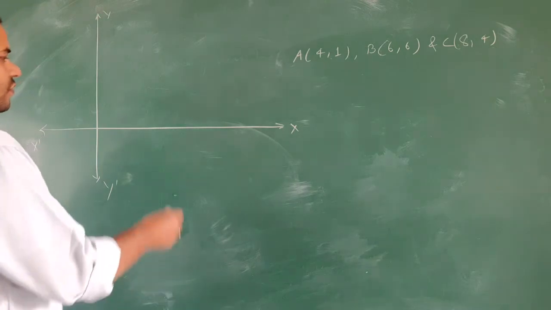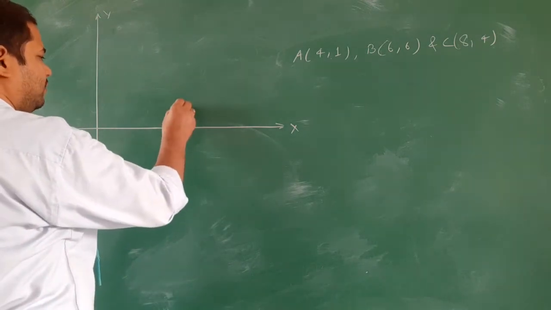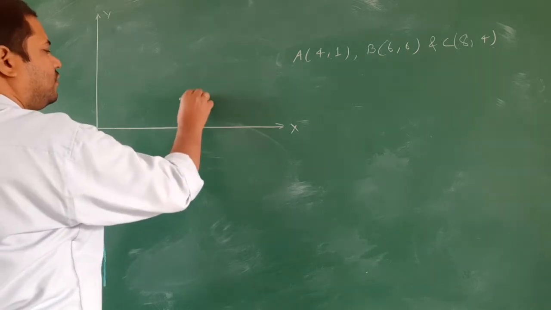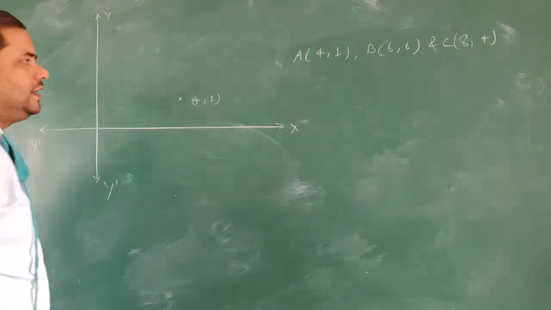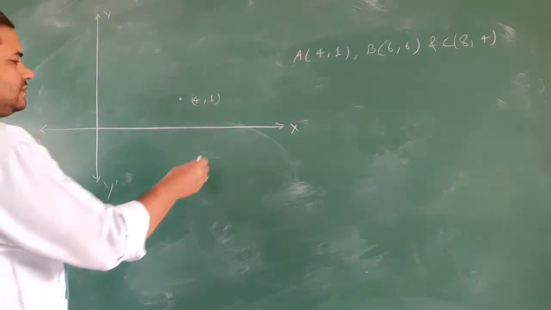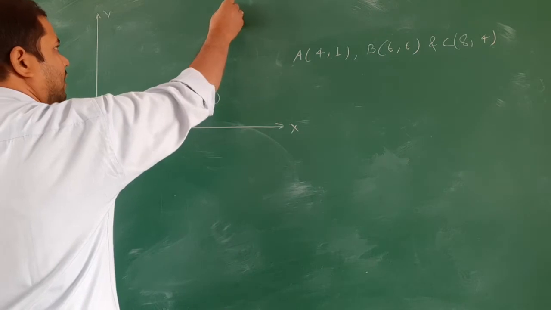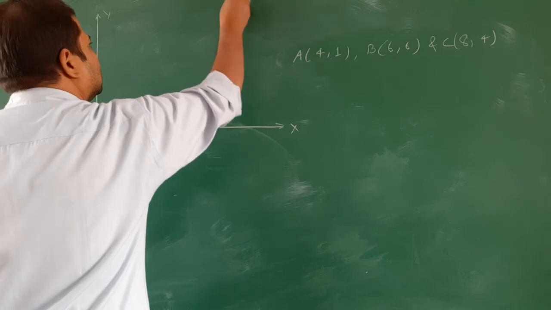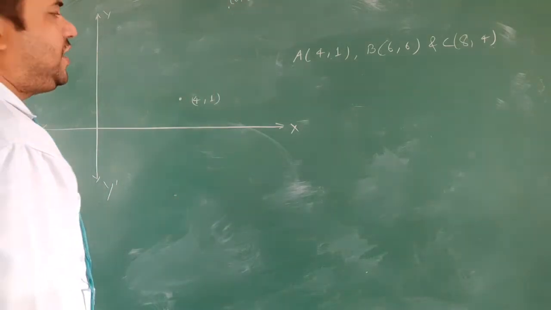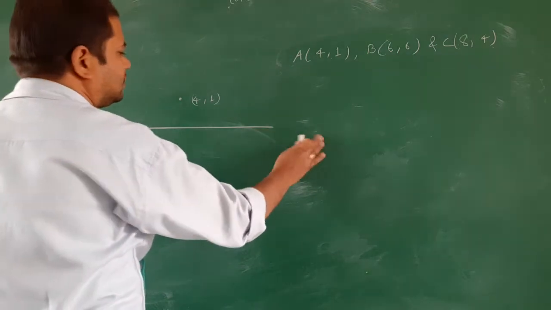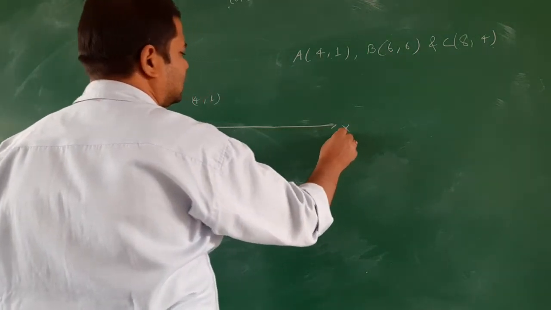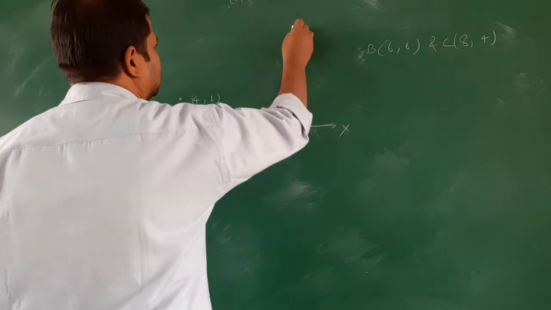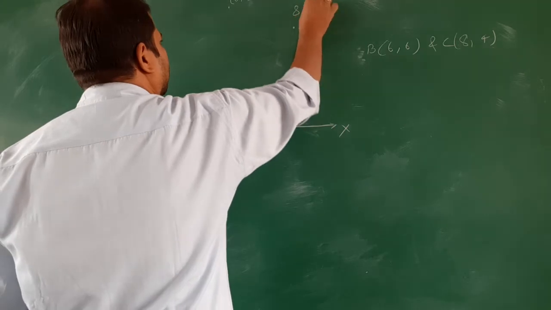So see, this is the point (4,1), then (6,6), and then (8,4).